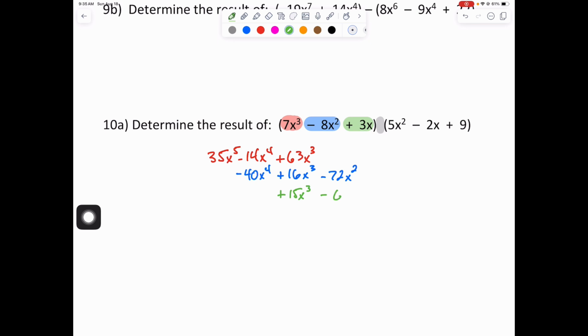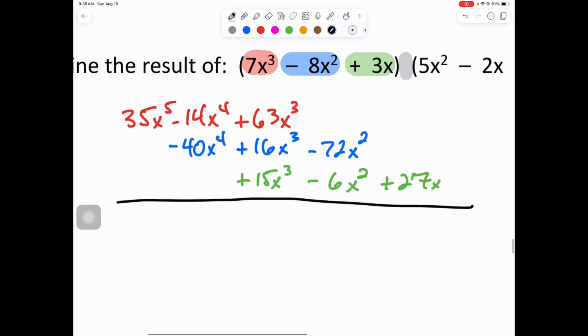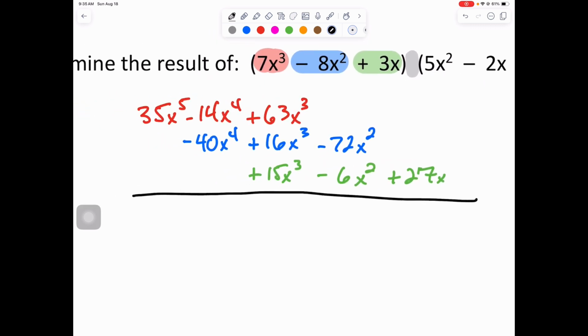We can align that right here. And then we have 3x times 9, so 3 times 9 giving us a 27, and then x by itself, so we'll just continue to write like that right there. All right, then we will draw our line across, top to bottom, left to right, and that's all there is to it.